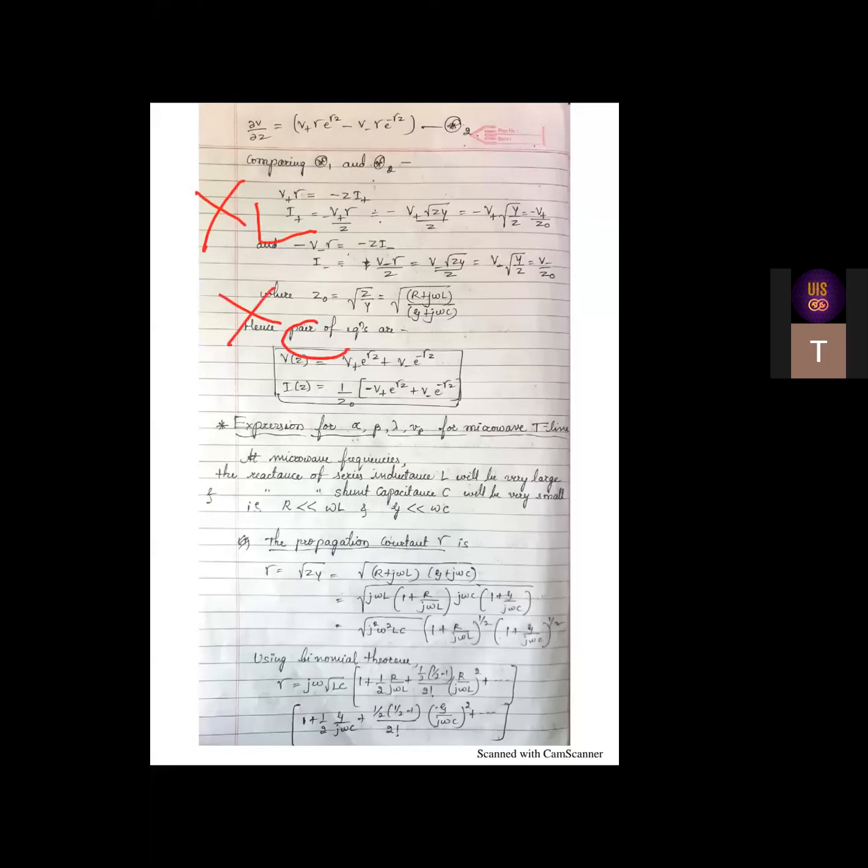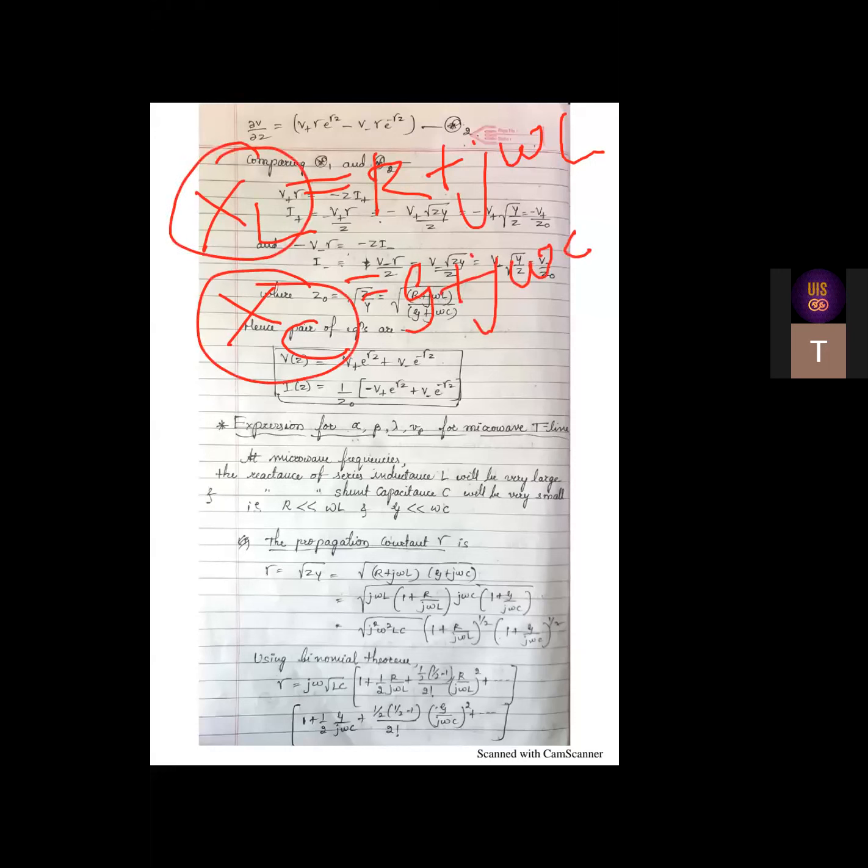R plus j omega L, and XC is G plus j omega C. So for these reactance values at microwave frequencies, out of these L and C, the second imaginary j term, whatever consists of L and C, the inductance value is very large and the capacitance value is very small.